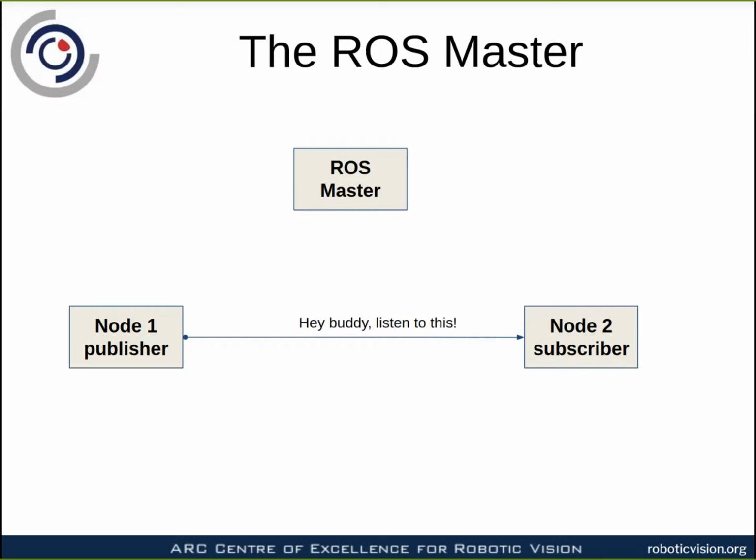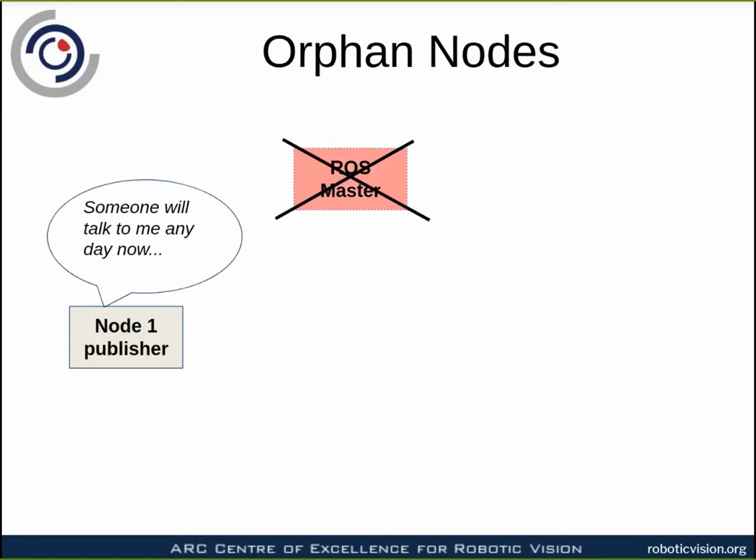Now, one issue with this is you can end up in a situation where you have what are called orphan nodes, where you start a node up, it communicates to the ROS master, and then for whatever reason, the ROS master dies. The publisher will not shut down generally. It will still continue to exist, and it will wait for incoming connections that will never come because the ROS master that knew about it is now dead.